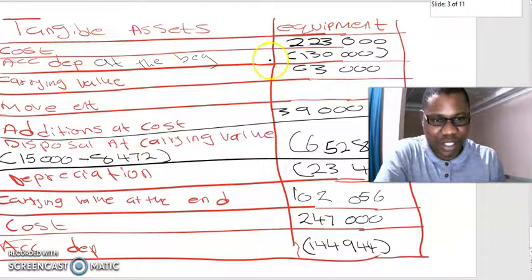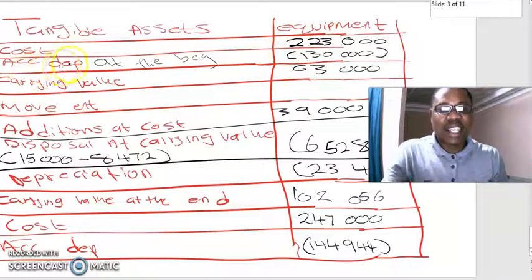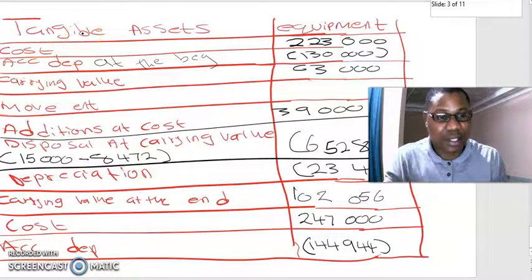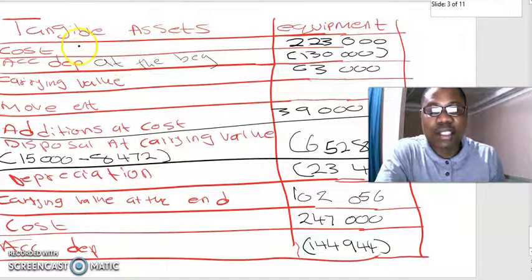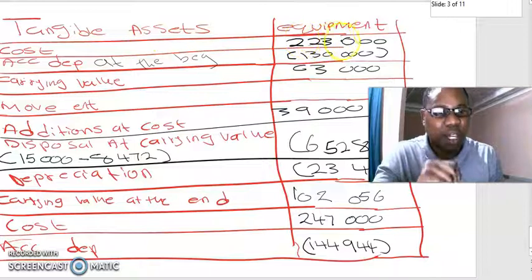The carrying value. Are we together guys? So this is a step going down. These are the things that we came with from the previous financial year's accounts. These are the opening balances. How much was the cost of the equipment when we opened our books?